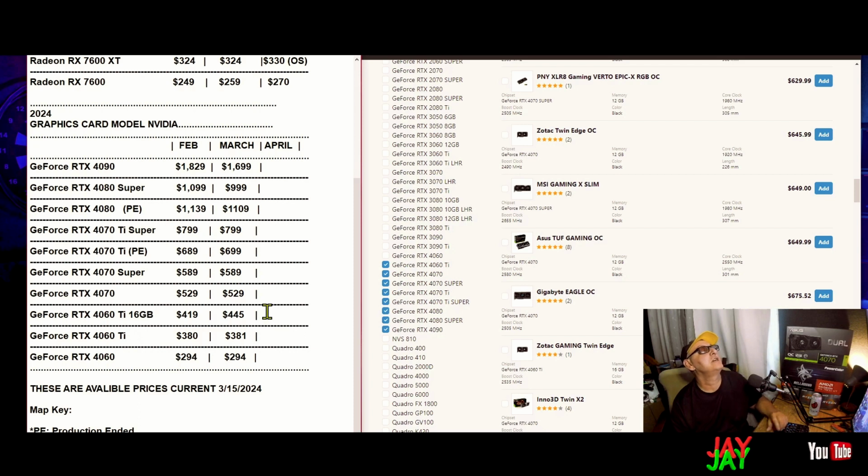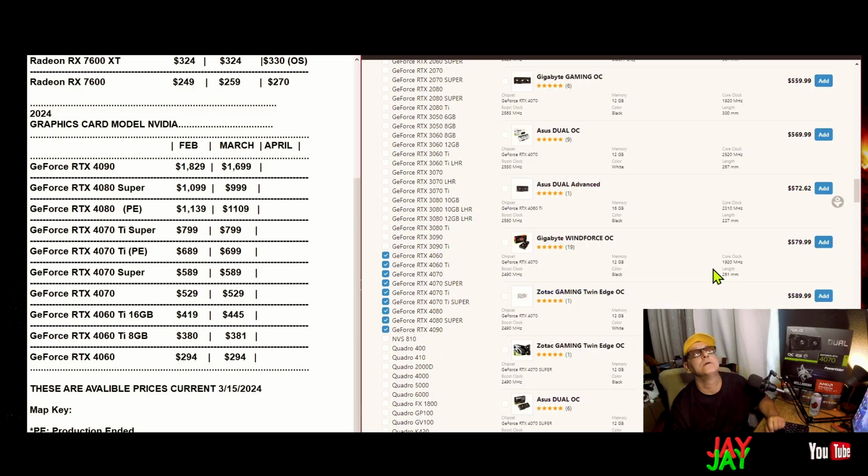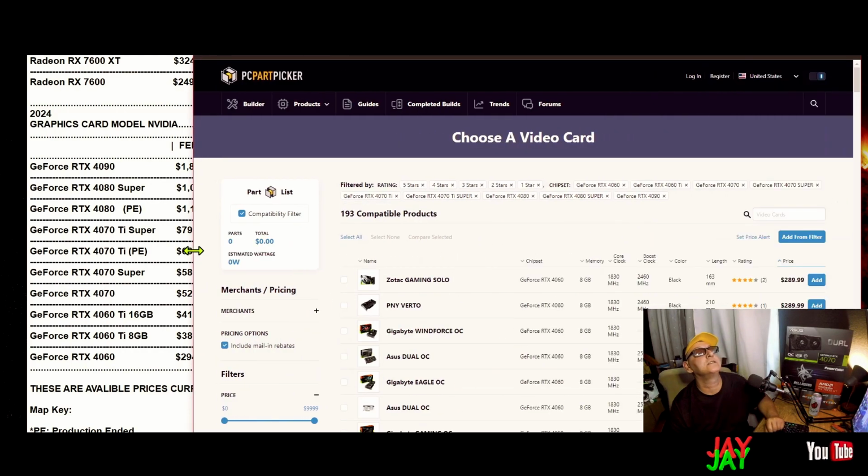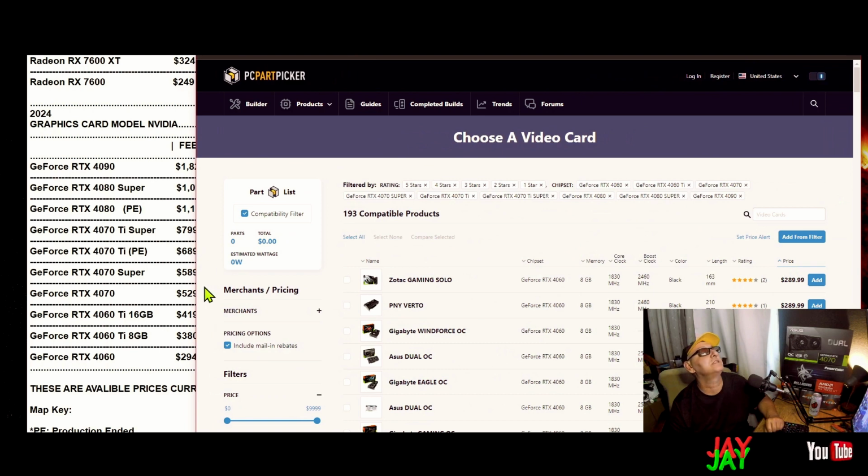I'll make sure I change that and put 8 GB so you guys know exactly. We'll hit save to keep the modifications. So we got the 4060 Ti and the 4060. Now, going from lowest to highest price, we'll double check. Yep, lowest to highest.